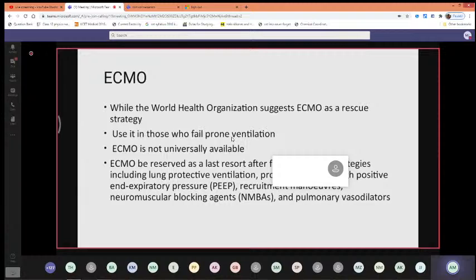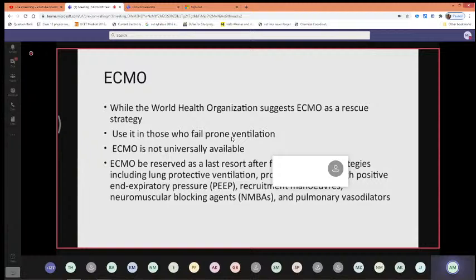So ECMO is an option provided the patient can afford it, and provided the required infrastructure is present in the institute, because it is not universally available in all hospitals. In Bangalore itself, only about 3 or 4 selected hospitals do ECMO. So the problem is the cost factor and availability.